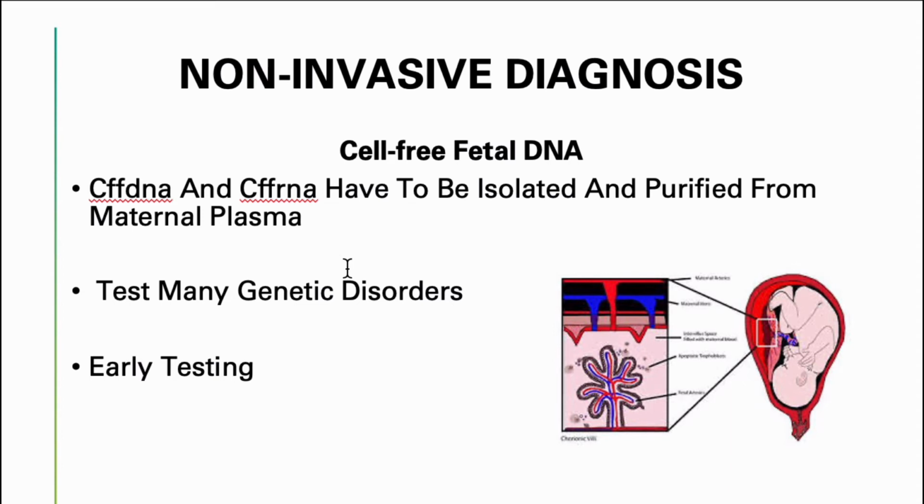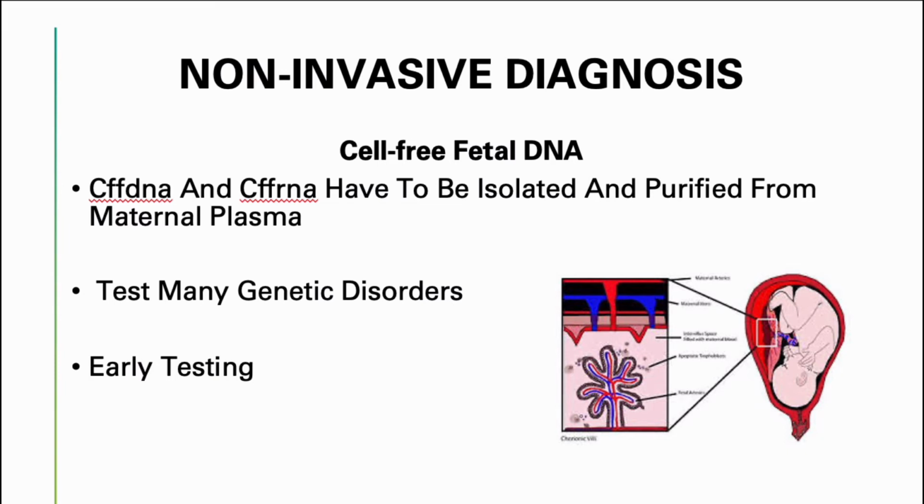This is fetal DNA or RNA that's circulating freely in the maternal bloodstream, and you get this through a normal blood test from the mother. You take a needle, put it into a vein in your arm, and remove the blood, and you can determine this at about 7 weeks of pregnancy. So you can get this done relatively early on.